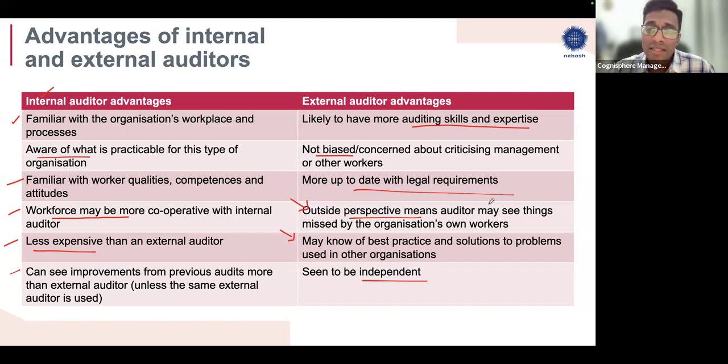Okay. And then here, they are up to date with the legal requirement. So limitation for an internal audit is they may not be up to date with the current practice and the legal requirements. So the advantage of internal would be a limitation for an external. Likewise, the advantage of an external would be a limitation for an internal. Okay.